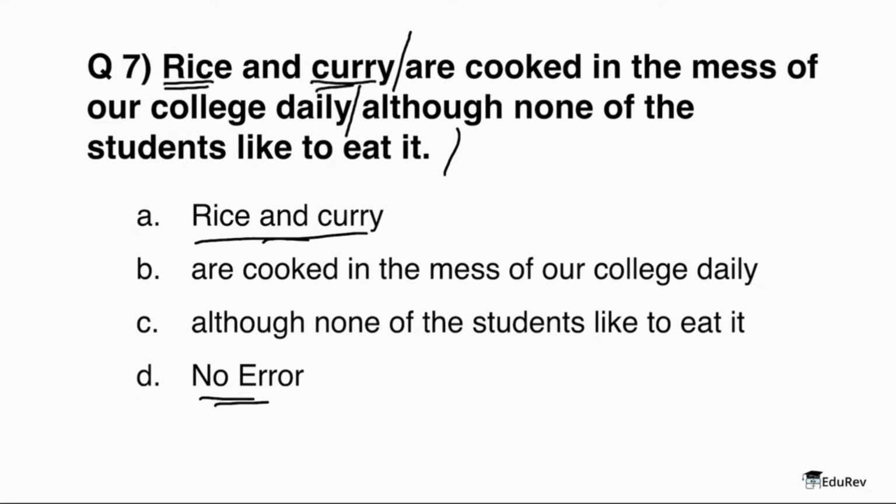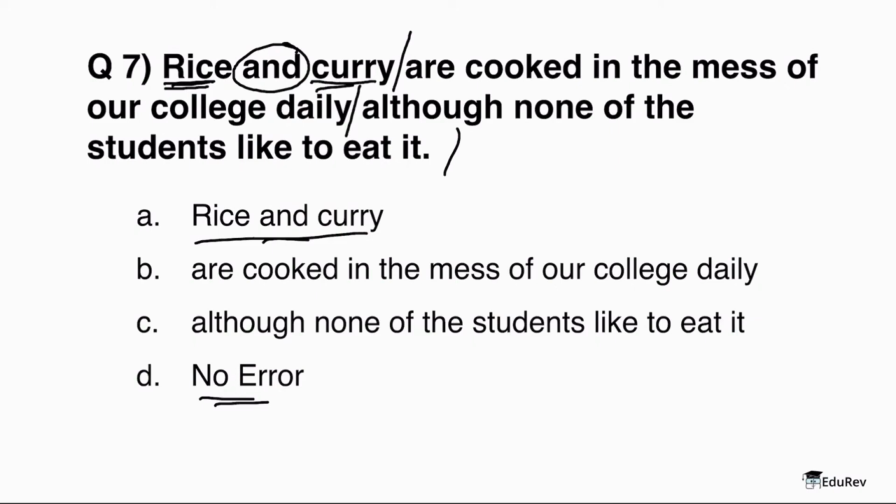Now I'm sure all of you must remember that we have learned earlier that when two singular nouns, which are rice and curry here, are joined by the word "and", they are treated as plural. But there is an exception to this. Rice and curry are two singular nouns joined by the word "and" here, but when they represent a single entity, they are treated as singular. And the helping verb will also be kept singular. Here, we all know that rice and curry are supposed to be had together, so they represent a single entity.